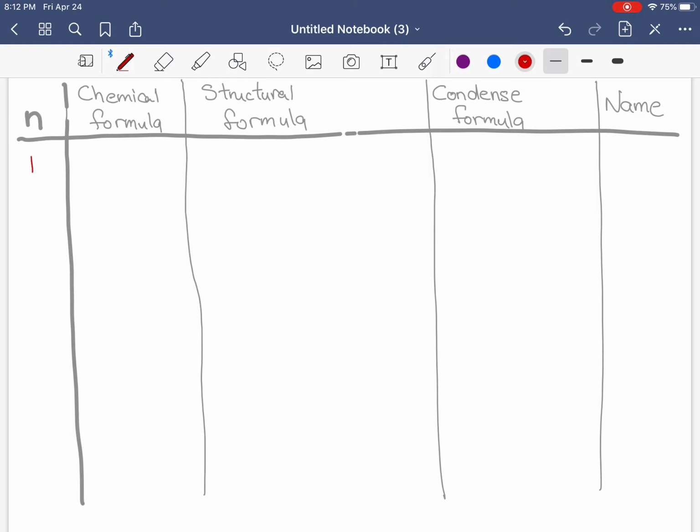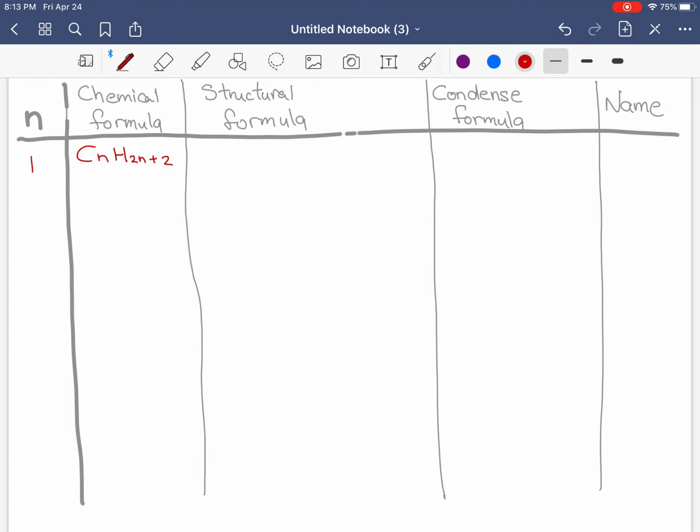Okay. Now, there is an alkane formulation, I guess they would call it, for the chemical formula. It's called CnH2n+2 for alkane.